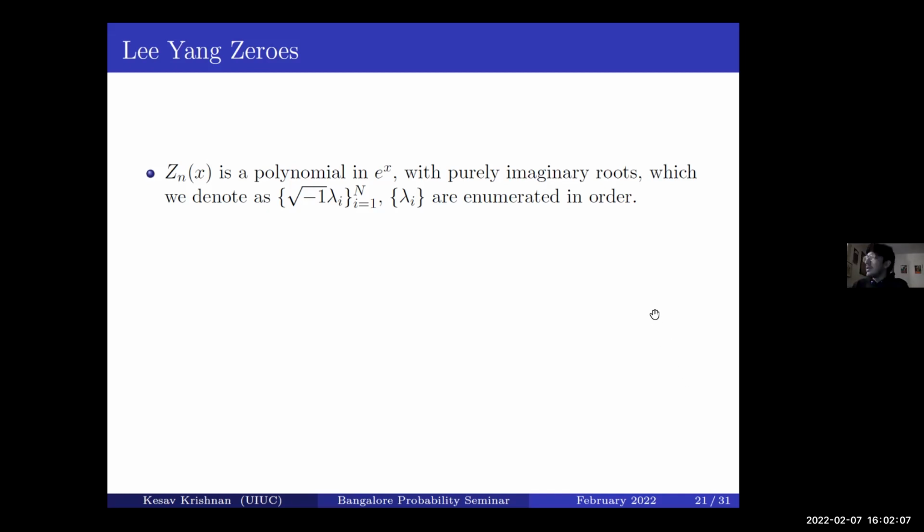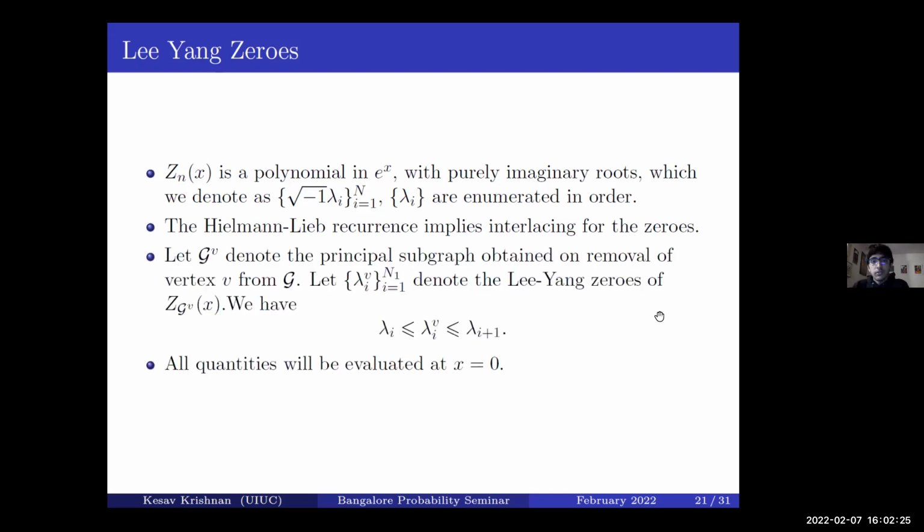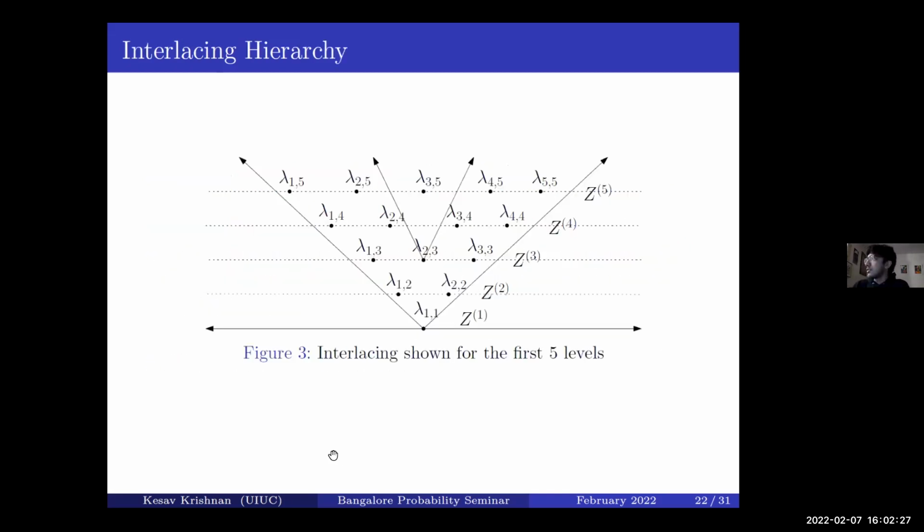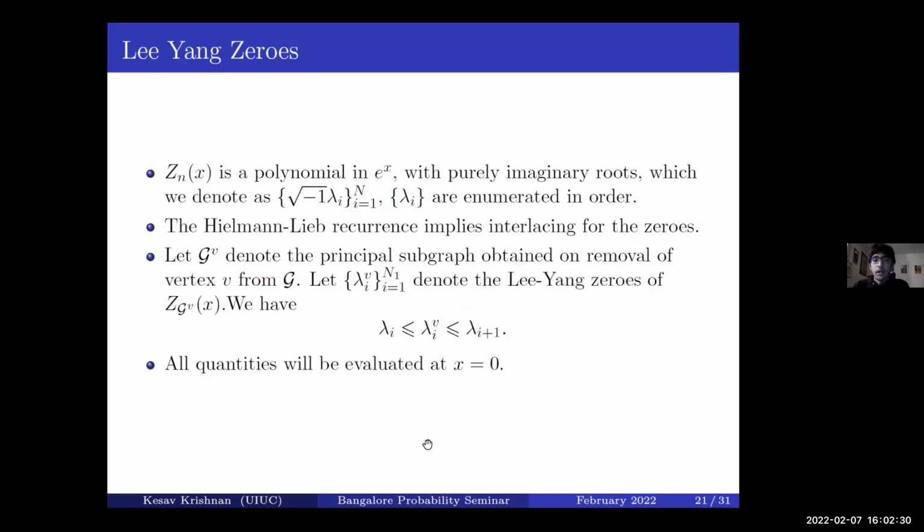Okay. So then by an inductive argument, you can actually show that the zeros of that polynomial are going to be purely imaginary. And they also interlace each other. So that's the sort of picture that we're expecting.